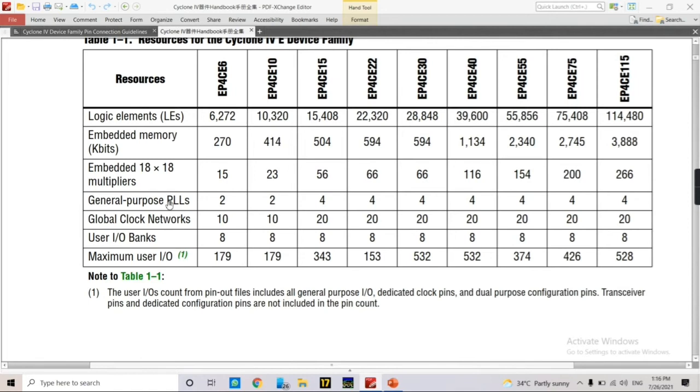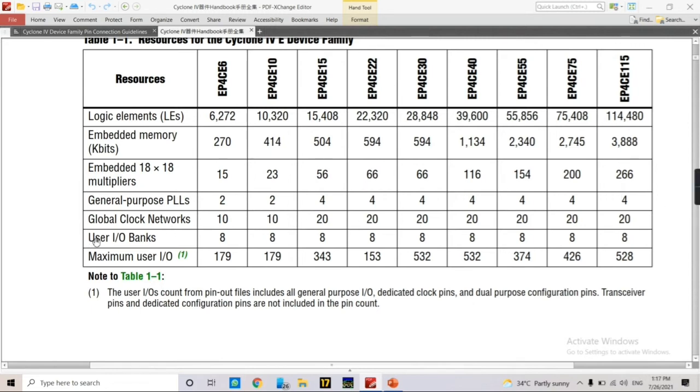If you have a clock, for example 1 mega, you can use a PLL to make the clock even 2 mega, or even slower, 500 kilo. So the PLL manages the clock to be either faster or slower. The number is from 2 up to 4.